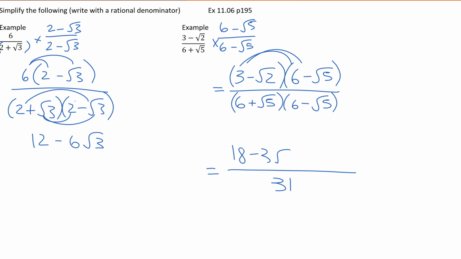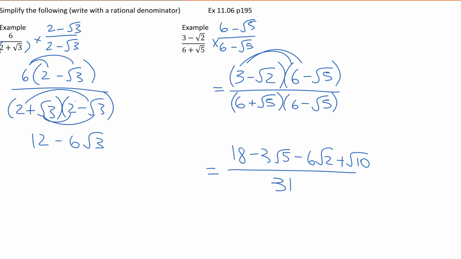Top line, 18 minus 3 root 5 minus 6 root 2 plus root 10. That is a 5. Pretty poor handwriting. Is that my answer? Is that the most simplified it can be? Can you simplify 5, square root of 5, square root of 2?